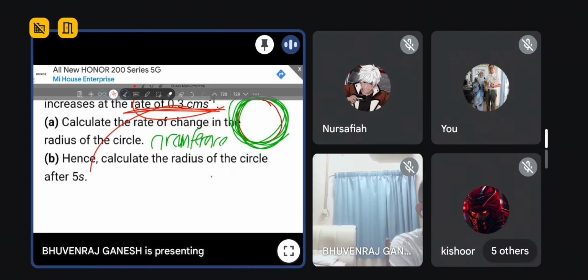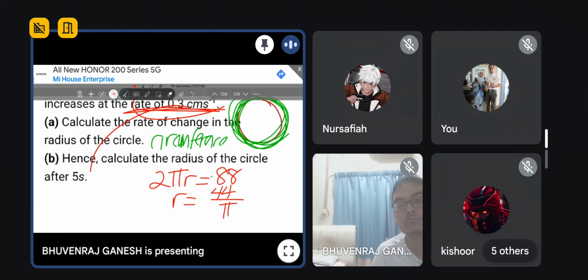So now, just now the equation is 2 pi r equal to 88. Correct? So r will equal to 44 over pi after you simplify. This is your first equation. Now they ask you to calculate the radius after 5 second.